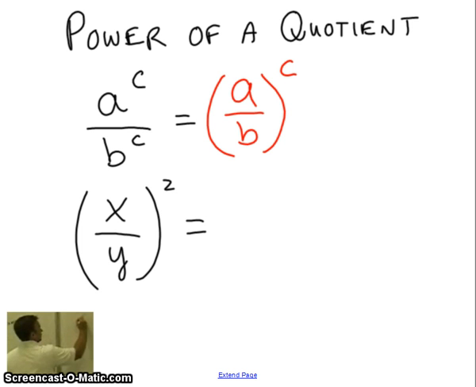Vice versa, if we have x over y to the z power, well, that's x to the z over y to the z.